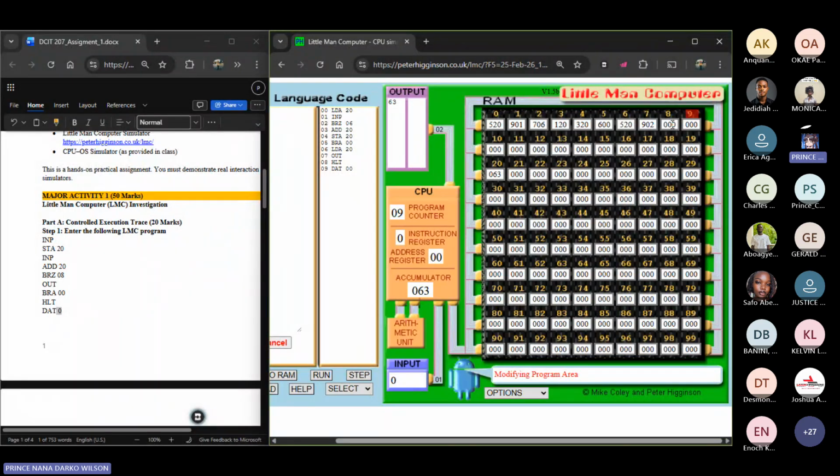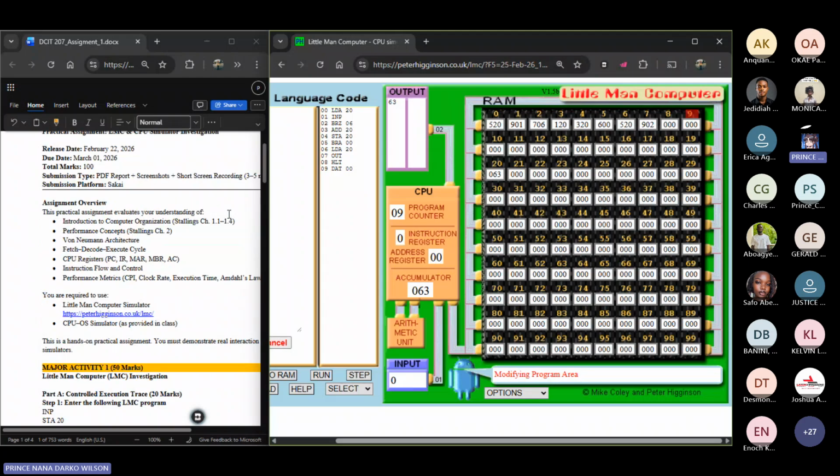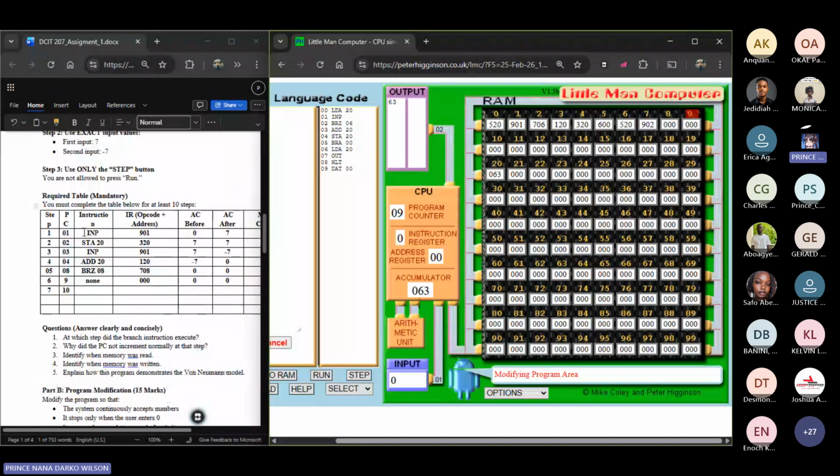Once you step it, it will increment to address 9, which holds 0. Increment to address 10, which holds 0. We can see that from our table here. So from 8 it goes to 9, 0, 0. So we never encountered the halt instruction.